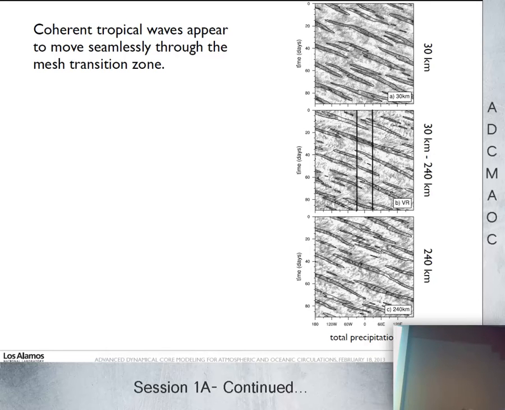This is from the global 30-kilometer, this is from the global 240, and this is from the variable resolution. These are Hovmöller diagrams, so we have time going down and longitude going to the right. And these are filtered to pull out the Kelvin wave. And we can see that these Kelvin waves are propagating through the mesh transition zone as well as we see those Kelvin waves in the quasi-uniform simulation.